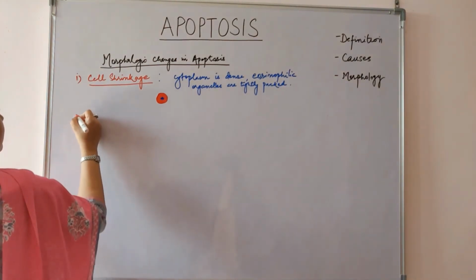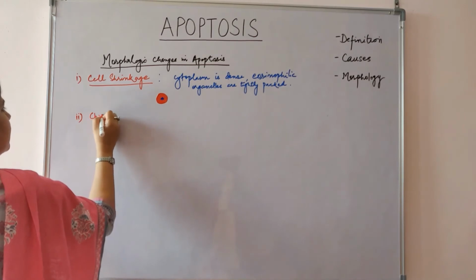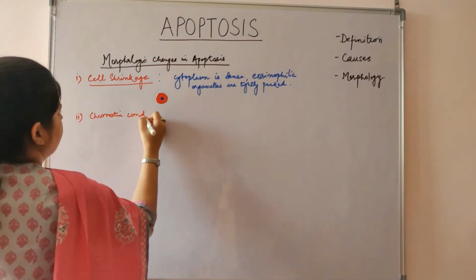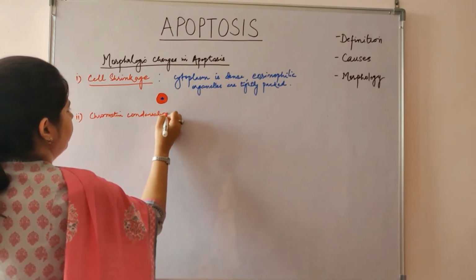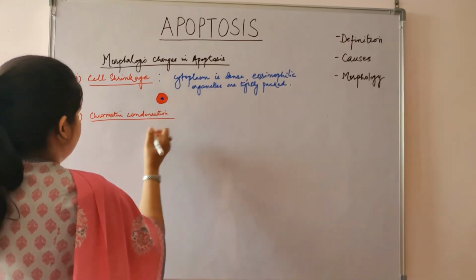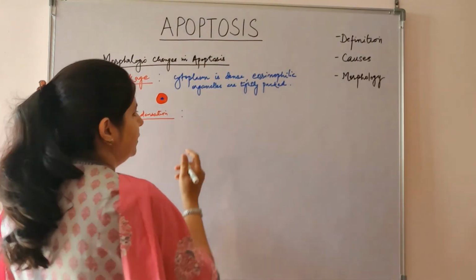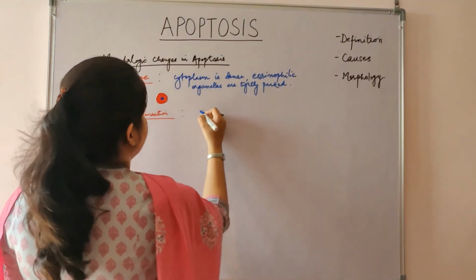Second is chromatin condensation. This is an important feature. There is chromatin condensation and the chromatin gets aggregated.